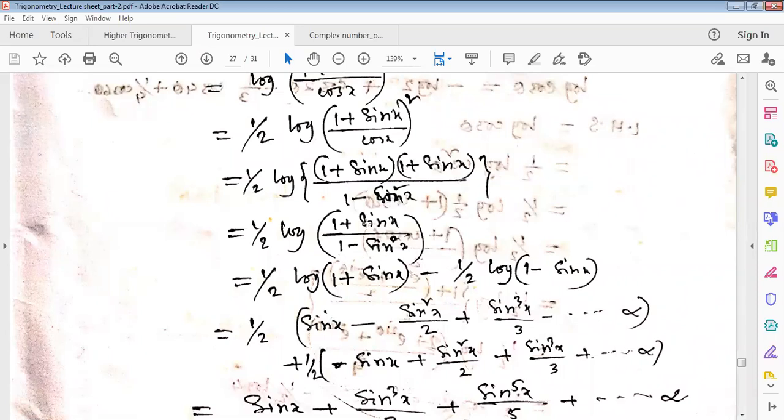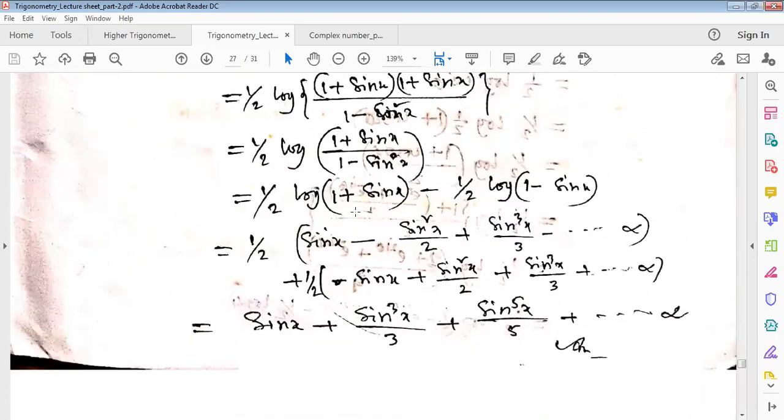Now the log m by n formula: log m minus log n. Now the log 1 plus x formula is x minus x squared by 2 plus x cube by 3, same series. Then for 1 minus x, what will it be? Minus into minus is plus. Just like the before example, Gregory series, all terms will be positive.